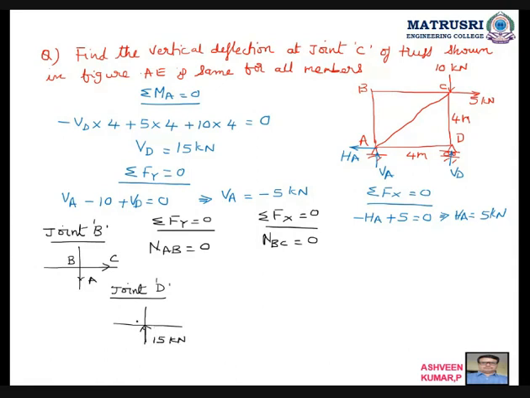Then here B, this is A, and this is C. If I go for sigma Fy is equal to 0, NCD upward is 15 also upward, plus 15 is equal to 0, so NCD is equal to minus 15 kilonewton.